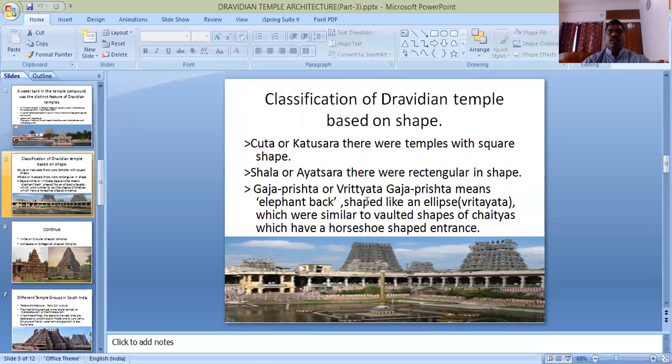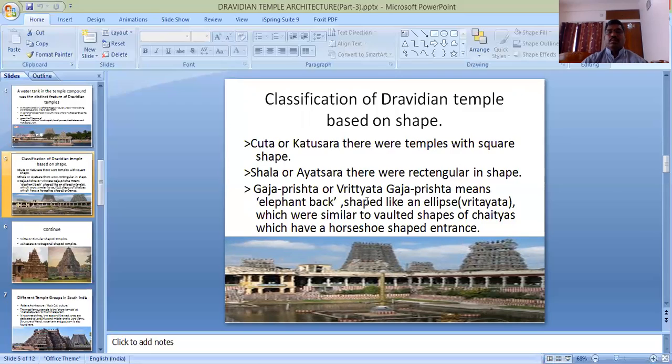Gajaprishtha or Vritta-ayata: Gajaprishtha means elephant back, shaped like an ellipse, which is similar to the vaulted shapes of chaityas, which have a horseshoe-shaped entrance.